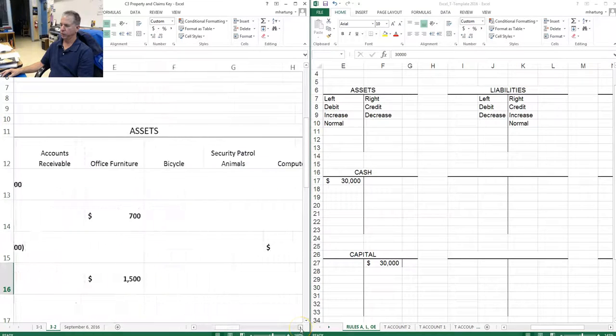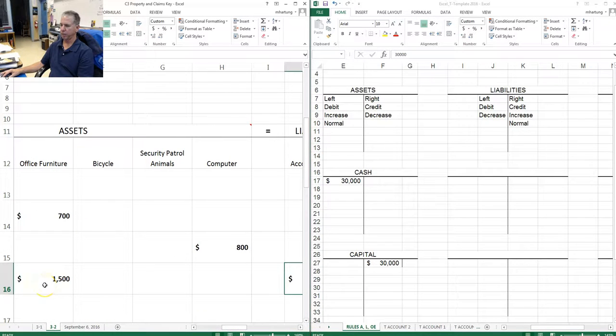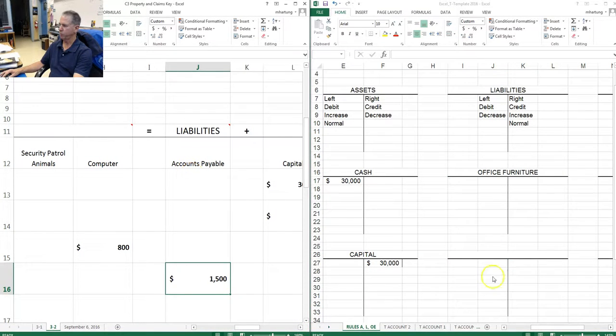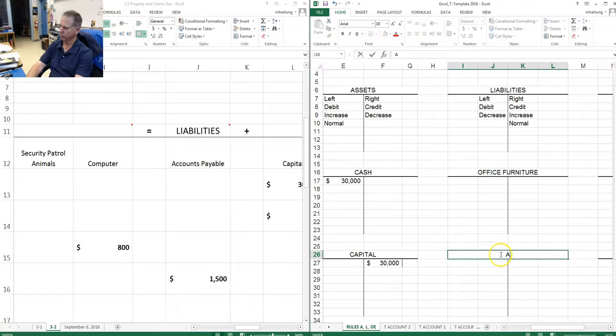And so when we did this, we see that we bought office furniture. So there's our asset. So let's go ahead and put that account in here. And the other account that was affected was, there it is, accounts payable, which is a liability account.